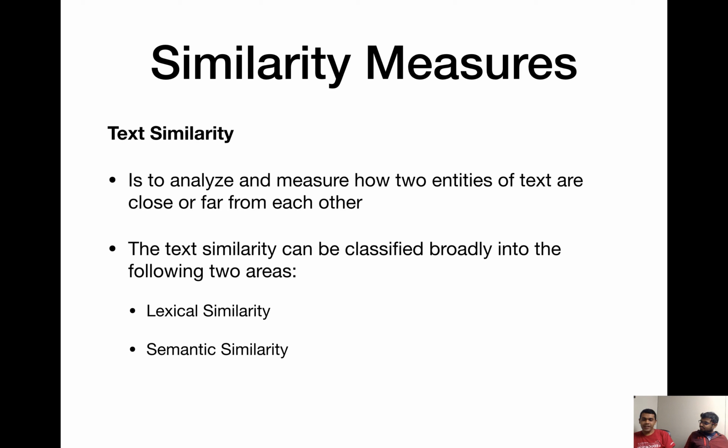As we are into text analysis, we will look into some text similarity measures. Text similarity is broadly classified into two parts: lexical similarity and semantic similarity. Lexical similarity concentrates more on the lexical part of the text documents, which is the syntax, whereas semantic similarity concentrates more on the grammar or the semantics of the sentence.